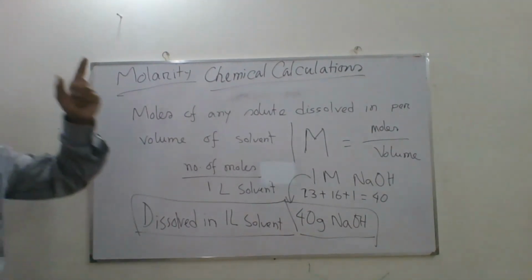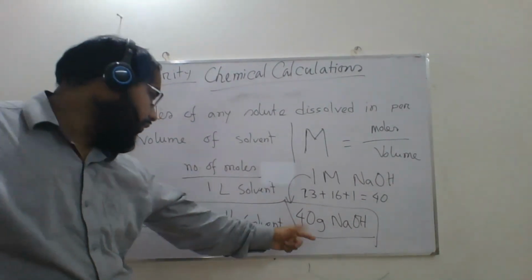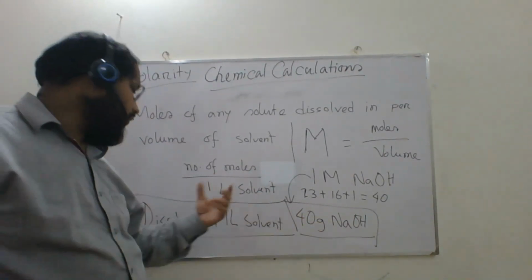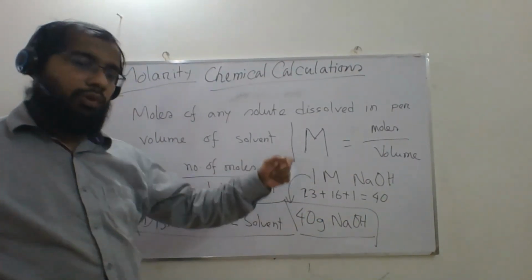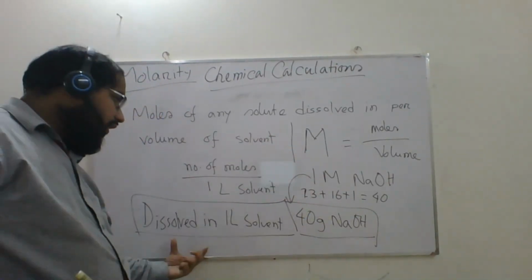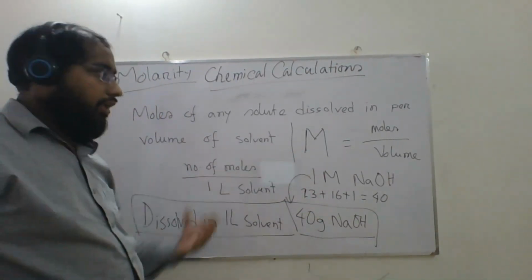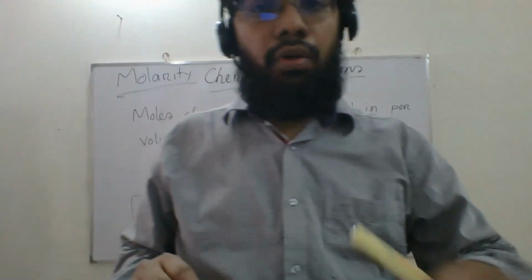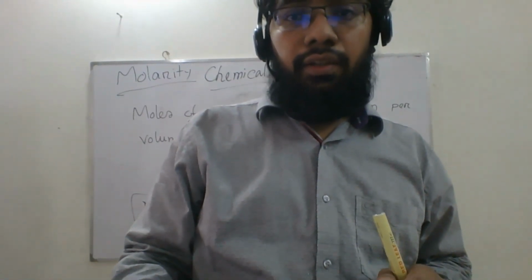If 1 mole of solute dissolves in 1 liter solvent, then it is 1 molar. If 2 mole, 2 molar. If 3 mole, then 3 molar. If half mole, then half molar. So this is the molarity we basically calculate always.